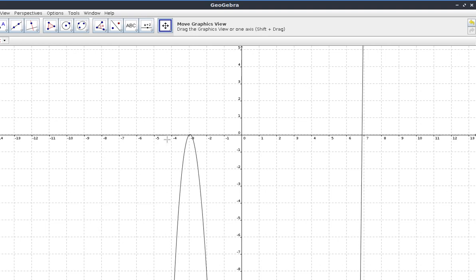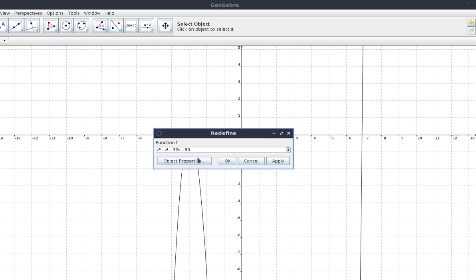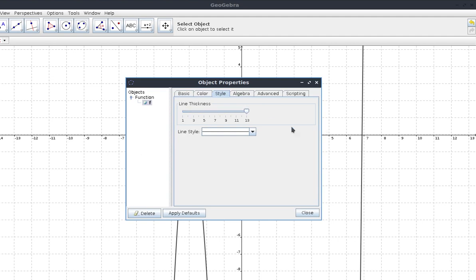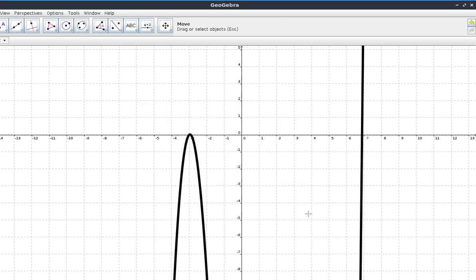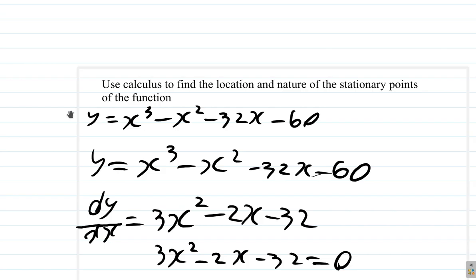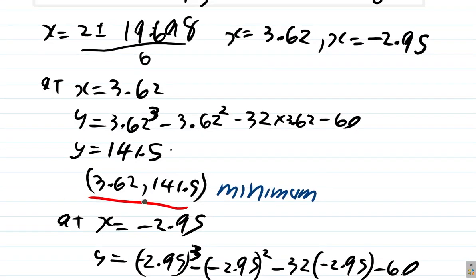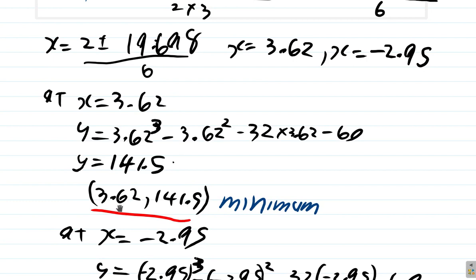Alright, so what do we get? Let's set up the curve, make it thicker. Now, we have one stationary point at 3.62, 141.5.